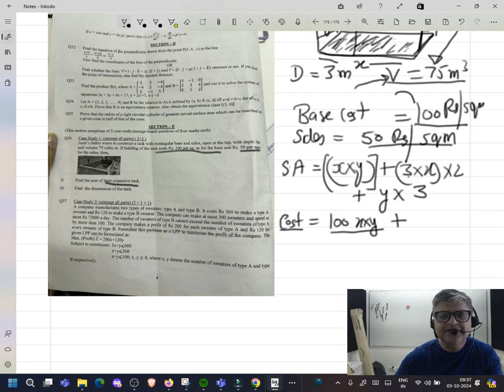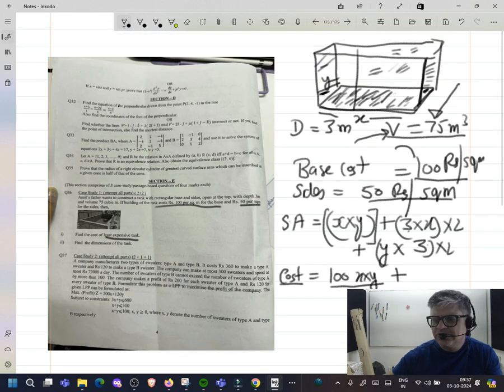And if you look at this, this is 2 times, because you have this side and this side, right? So let's see. We took this as y into 3. This is 3, this is y, and there are two sides, so into 2, right?